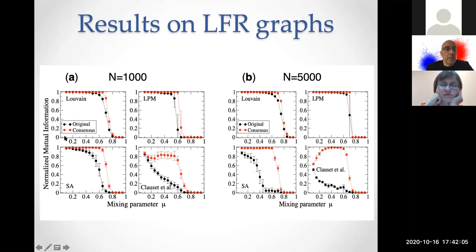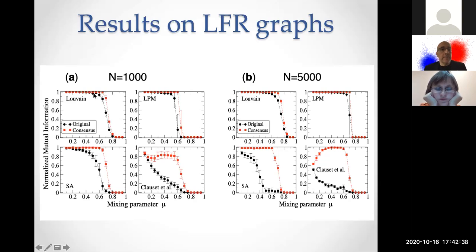So you see at the beginning, when mu is close to 0, groups are very well separated, easy to find, and basically what you find is pretty much the right partition. The two different colors here indicate the original results, so basically what you get if you compare the partitions that you find by applying the method on the graph with the natural partition, whereas the red dots indicate the consensus partition that is found through the procedure I just told you.